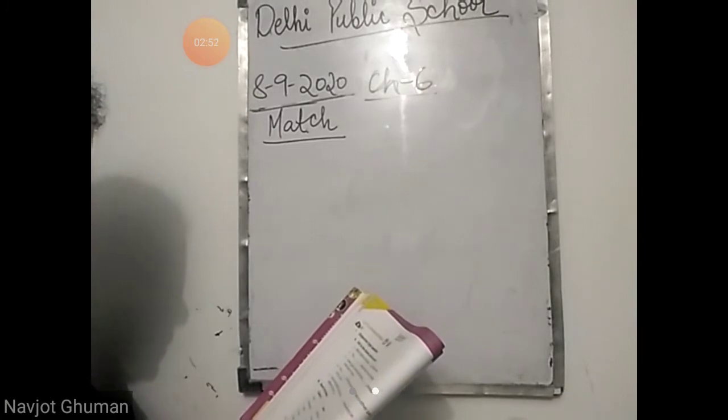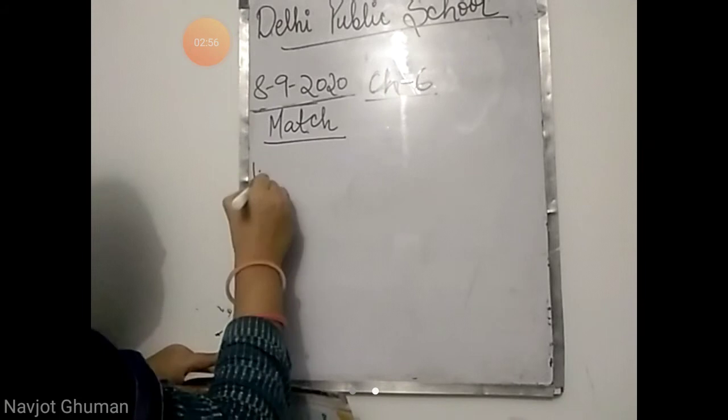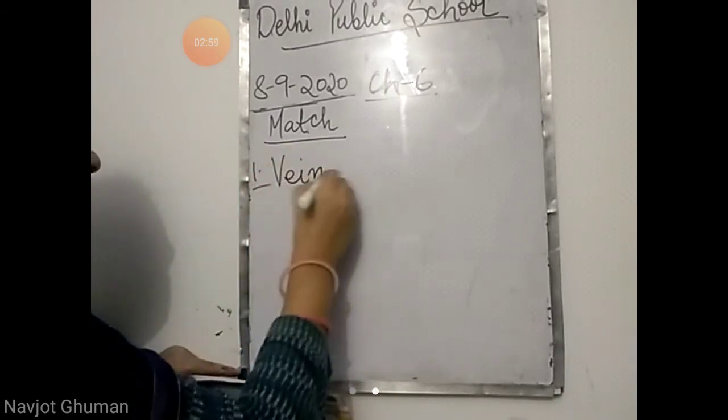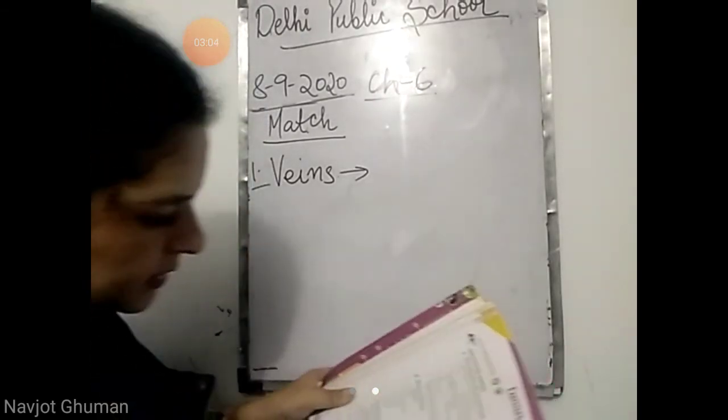What is the function of veins? They transport food within the leaf. That is the function of veins. Answer I am writing: transport within the leaf.